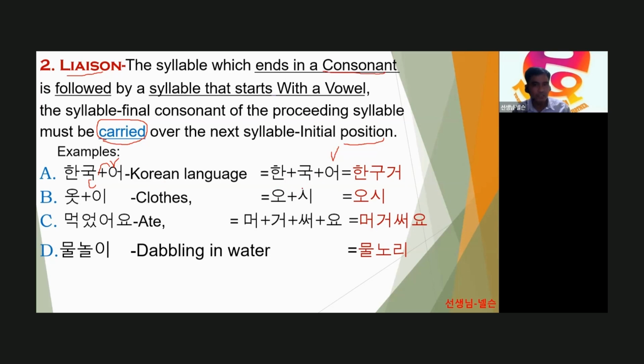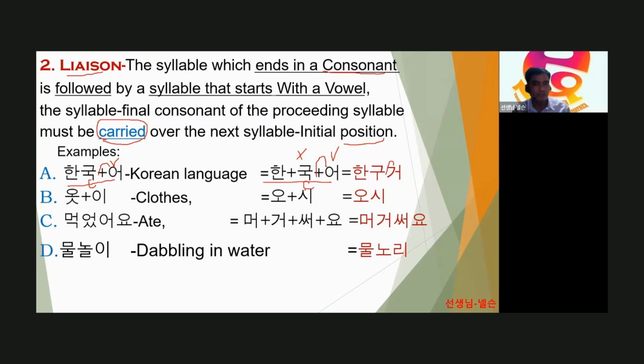Sinusundan niya yung consonant, then magka-carry over siya, or magme-merge sila. Therefore, ang basa instead of Hanguk o, although this is the correct spelling, the correct pronunciation is Hangugo.